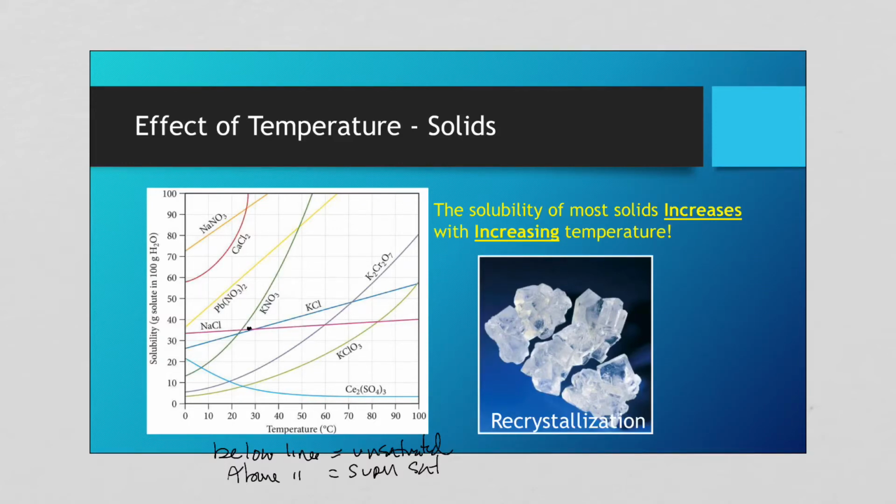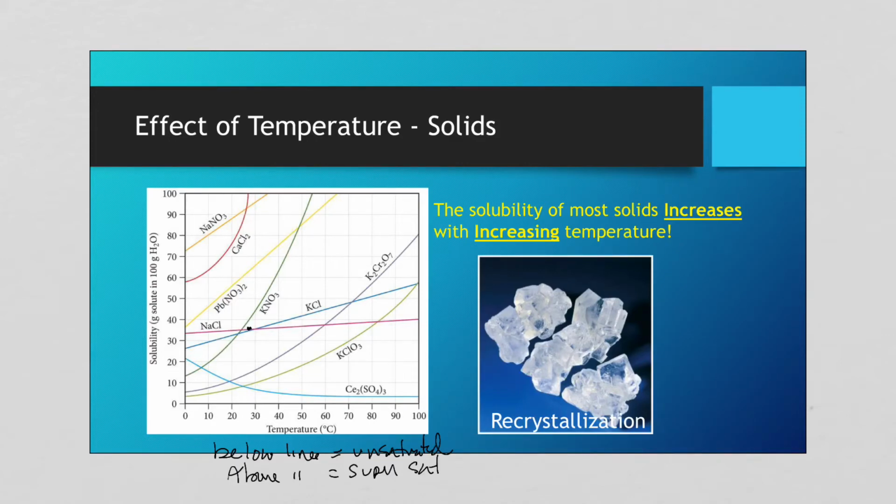So this is how we can do things like purification by recrystallization, right? We can dissolve something, heat it up, dissolve it at a certain temperature. We can cool it down, lower the solubility, and oftentimes the solute will come out of solution, precipitate or crystallize out at the lower temperature because the solubility is now lower.